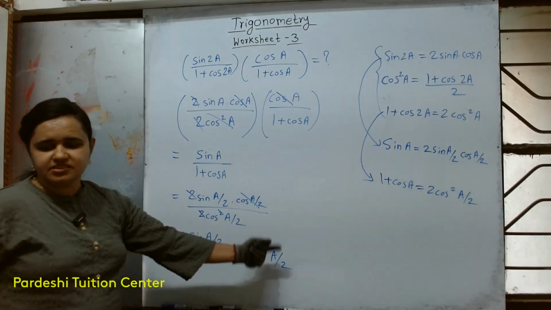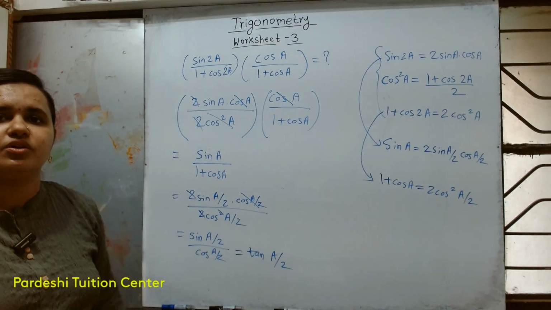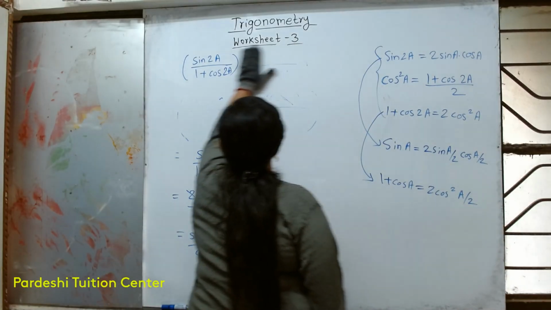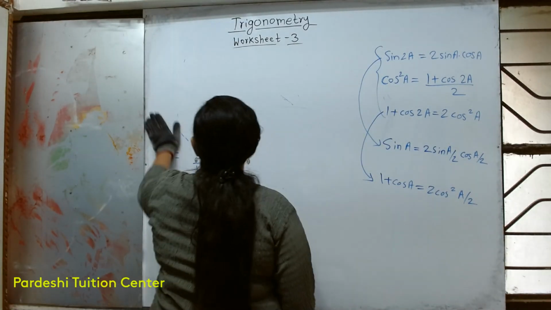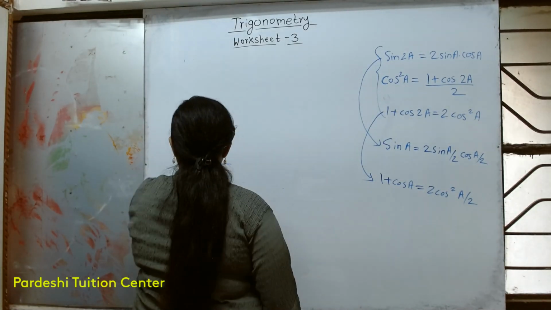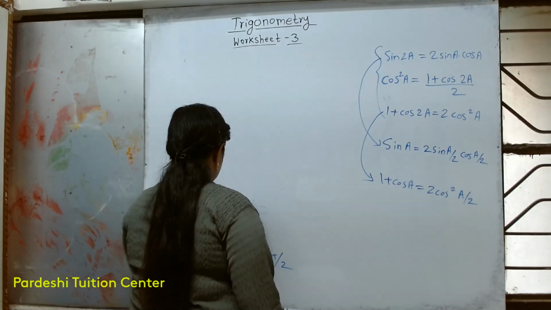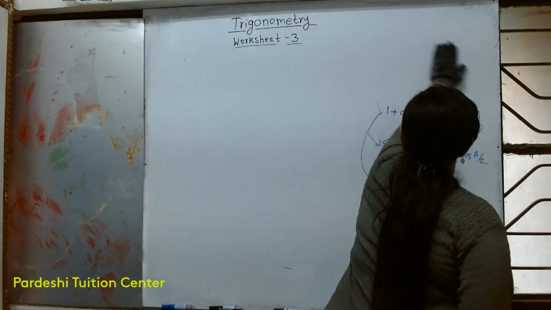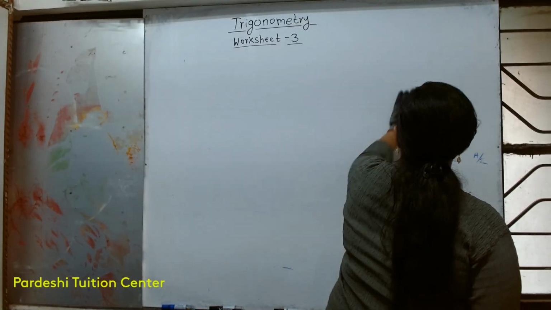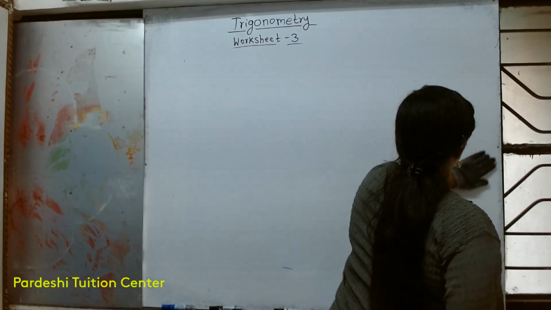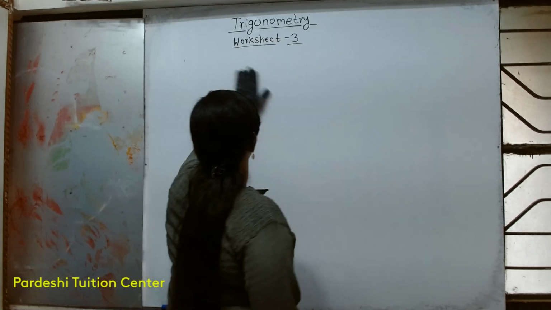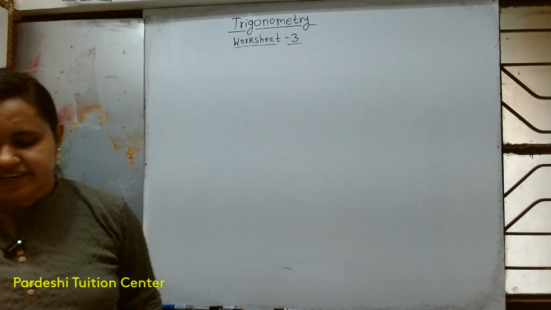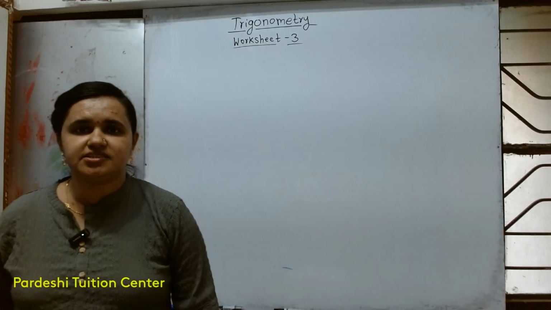So our answer is tan A by 2, the second option. For question 22, option number second, that is tan A by 2.